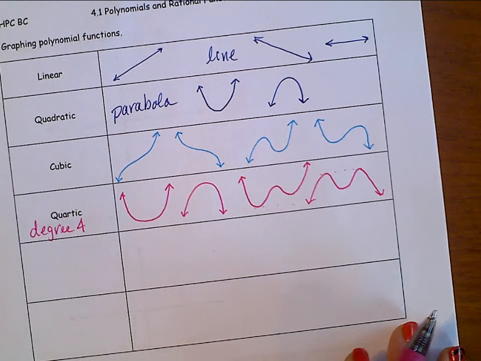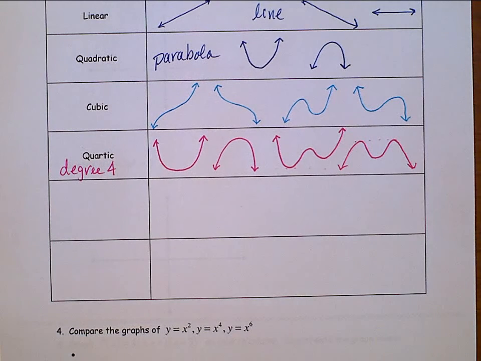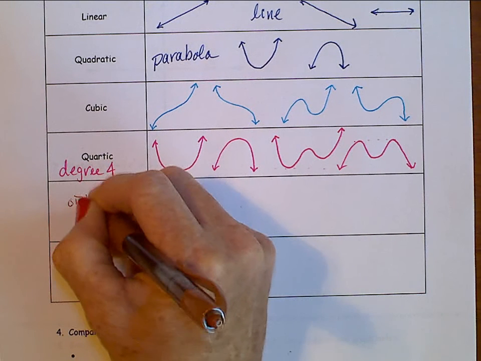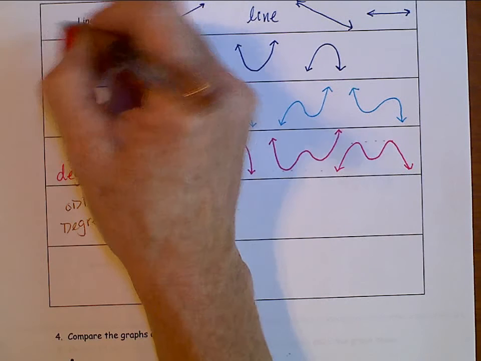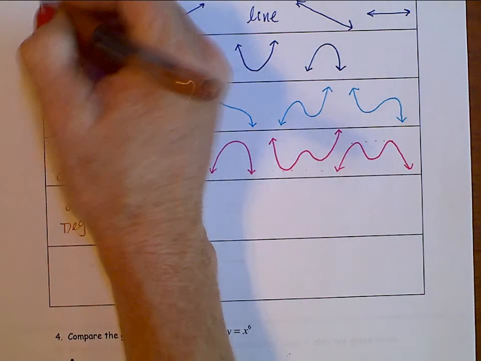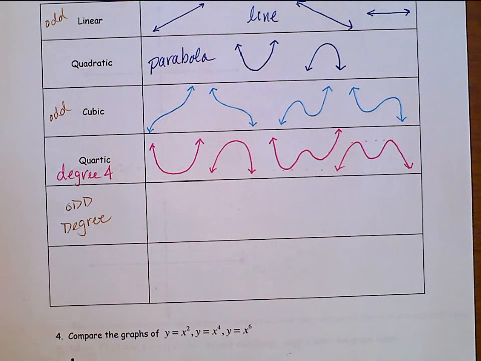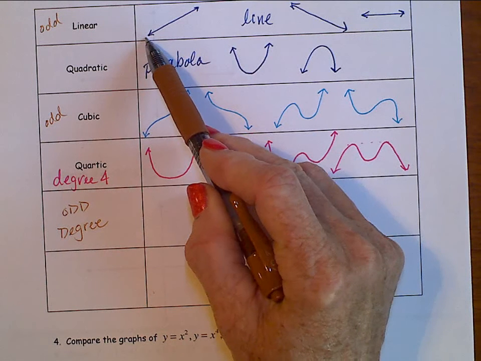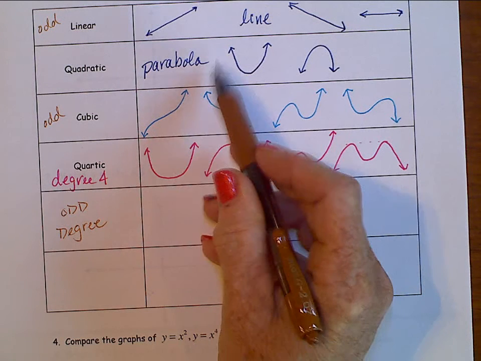All right, now putting all of this information together, if we have an odd degree function, so linear is odd, cubic odd, what I want you to notice out of these odd degree functions is that one end goes up, one end goes down. One end up, one end down. Likewise on the cubics, one's going up, the other one down.